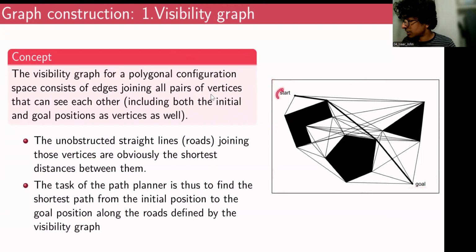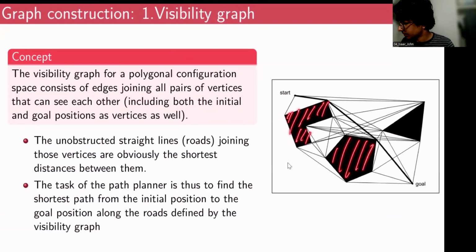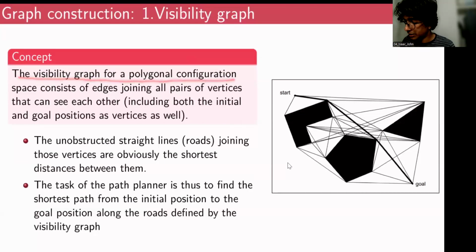You have a start position, and you have a goal position like so, and you could consider these as the obstacles. So let's see the visibility graph for a polygonal configuration space, consisting of edges joining all pairs of vertices that can see each other, including both initial and goal positions as vertices as well.